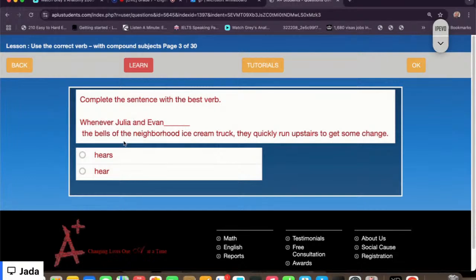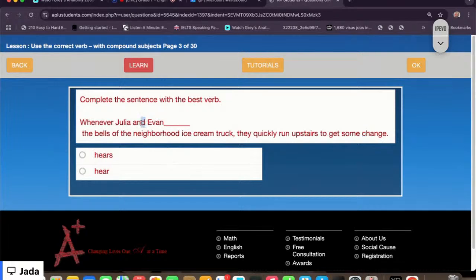Whenever Julia and Ivan dash the bells of the neighborhood ice cream truck, they quickly run upstairs to get some change. So what is the right verb here?